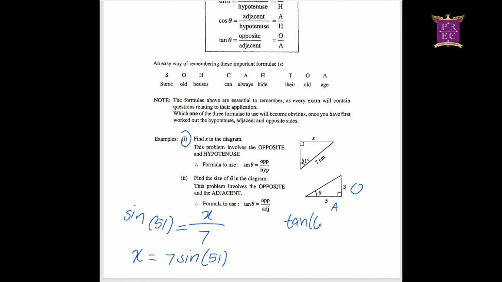Tan theta is equal to opposite over adjacent, 3 on 5, because remember TOA has to be opposite over adjacent, and we're looking for theta, so we do theta is equal to tan inverse 3 on 5, and then put this in the calculator, see what you get. Okay, remember to round it to the nearest decimal degree.